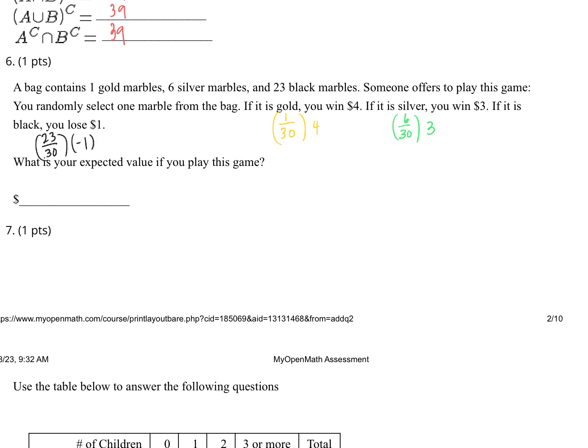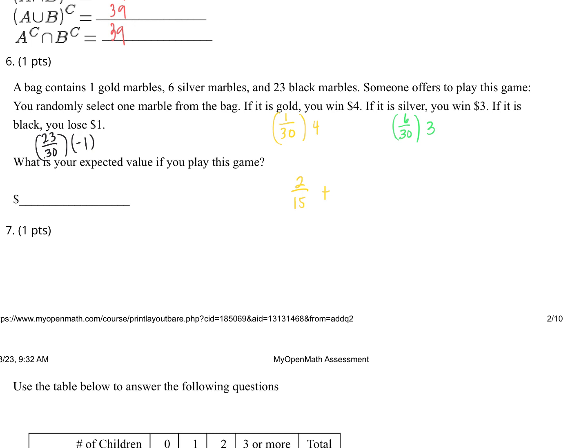So we're going to add up all the things that we get. So 1/30 times 4 is 2/15. So we'll have 2/15. Okay, that's how much we would win over time. 6/30 times 3.